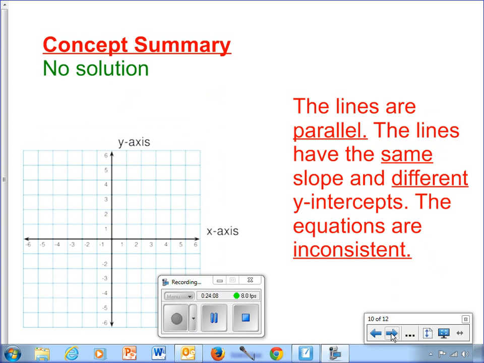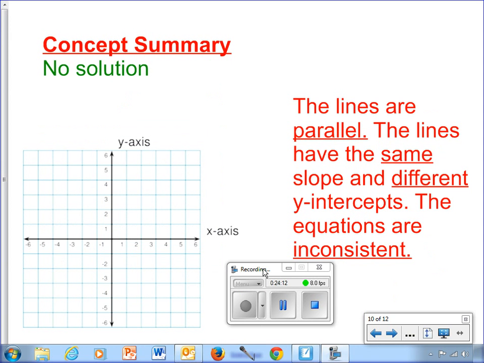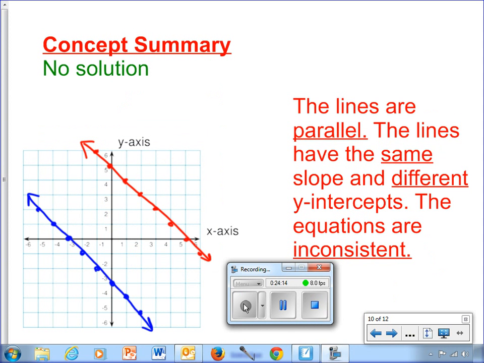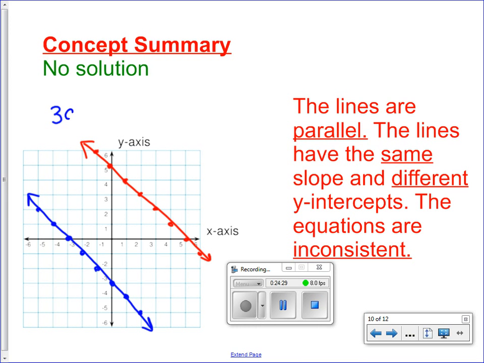All right, and then our last one, I'm going to pause it while I put the graph on here that you should already have. All right, this was y equals negative x minus 3 and y equals negative x plus 5. I'll label it 3a, and you may prefer to do that too. All right, so these lines are parallel.